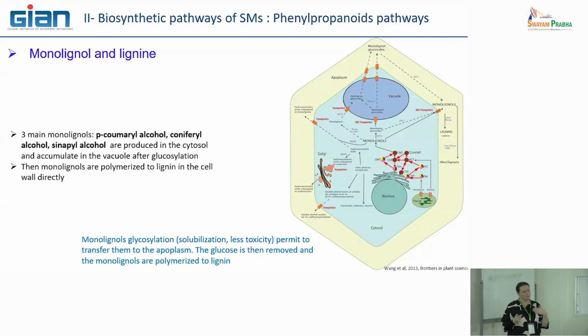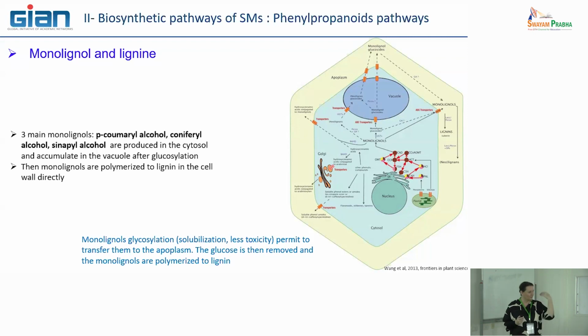So lots of the first steps occur at this moment. After that, some other steps, including hydroxylases, for example, occur directly in the cytosol, leading to the production of monolignol units. But these monolignol units are glycosylated and they are then accumulated in the vacuole.